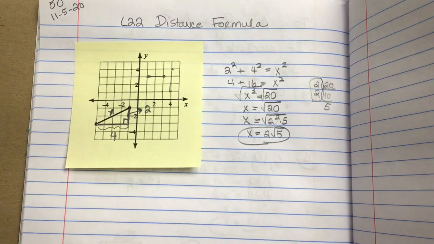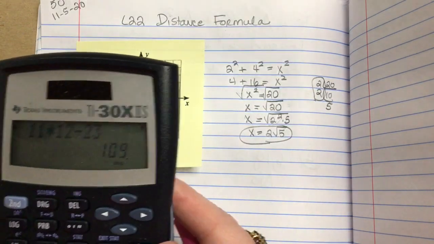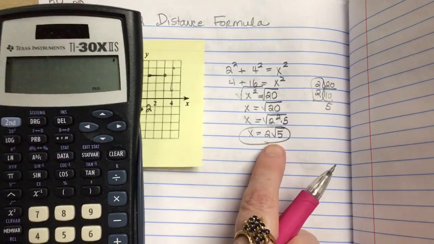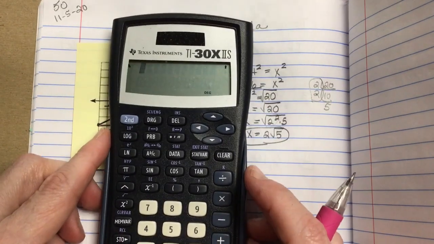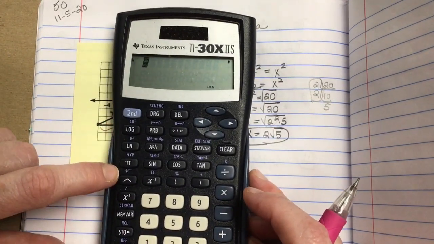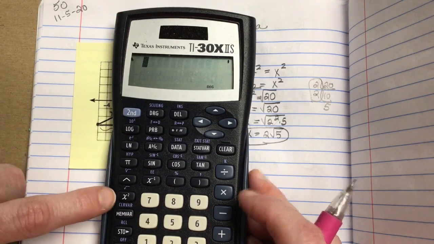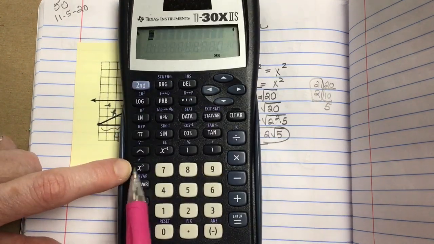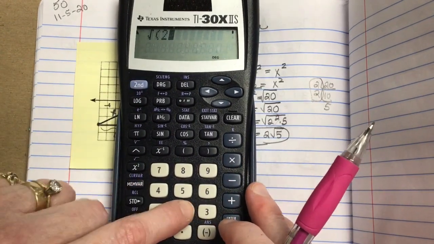Now, if you were punching it on a calculator, on the ACT or in science class, instead of typing 2 times the square root of 5, it's easier to just do square root, which should be on the x squared key. There it is. Here's your x squared key, and it's the blue right here, so second, square root of 20.